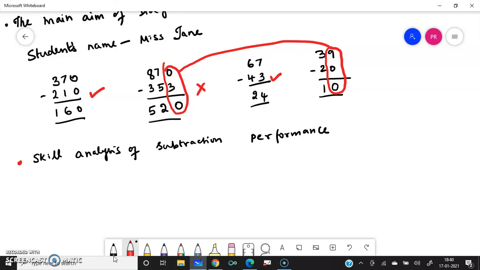If both are 0, she can do it. But borrowing, she cannot do it. So this is identifying the area of difficulty. What you did is identifying the area of difficulty. It involves testing the problem. This type of test is known as a diagnostic test. So now try to understand the meaning of diagnostic test.